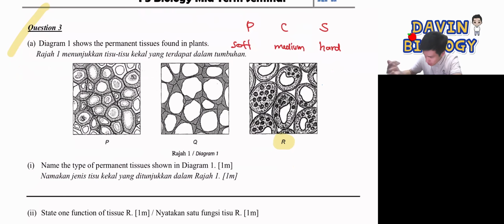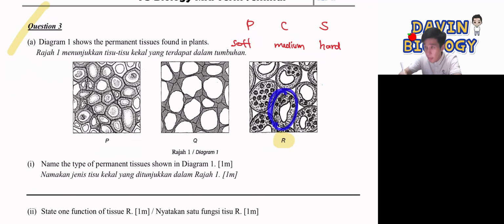So yes, exactly. This one is the biggest of all. See, big, medium, small. So this is actually P. This is C. This is S. And if you look at the cell wall, thin, medium. This one very thick.